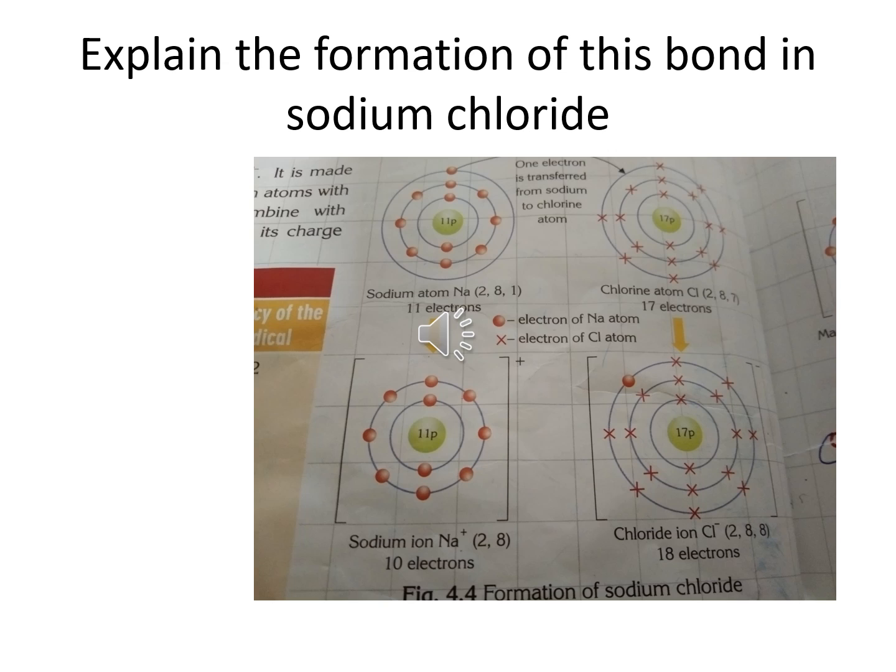Wherever arrow comes, you put arrows. Wherever symbol comes, you put symbols. So here sodium atom has 11 electrons, chlorine atom 17 electrons. So one electron is transferred from sodium to chlorine atom. After that sodium becomes 10 electrons, sodium ion.